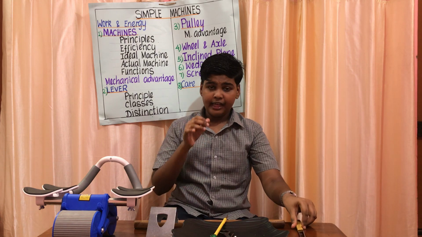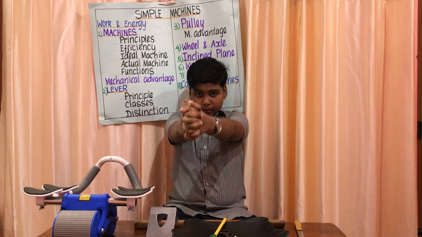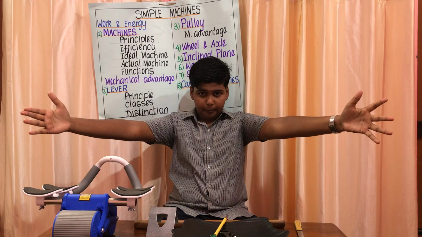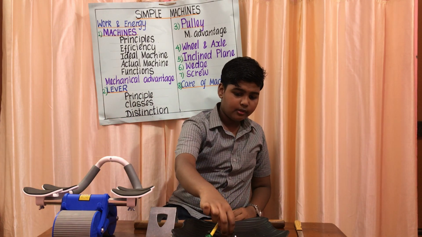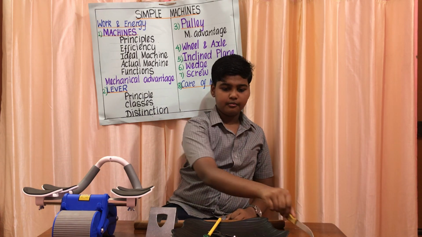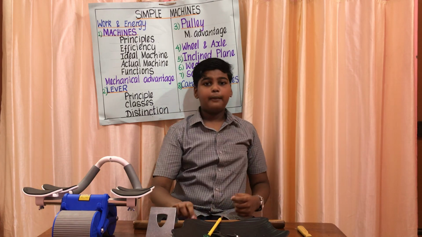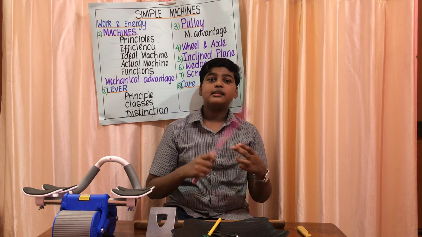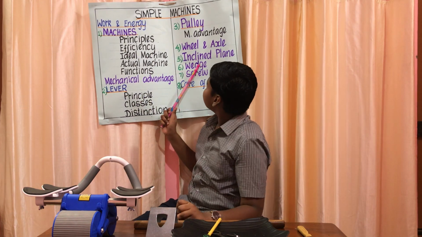A heavy wedge can easily be put into a piece of log, which can be split into 2 pieces. Some examples of those types of wedges are iron nail, knife, needle, then plow, axe, saw, etc. So these are some examples of wedges.